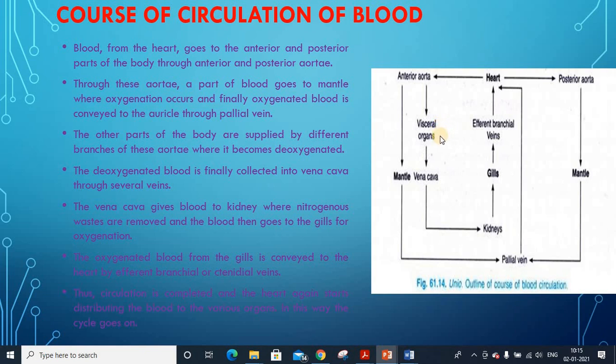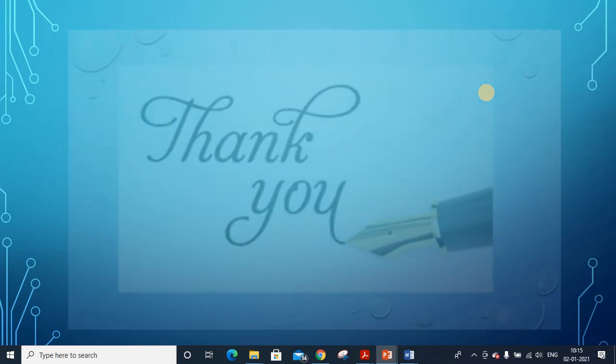This deoxygenated blood is collected in the vena cava, and from the vena cava it is supplied to the kidneys from where nitrogenous waste is removed, then to the gills where it is oxygenated, and by efferent branchial veins it is supplied to the heart again. This cycle continues and the course of circulation of blood occurs in the case of Unio.